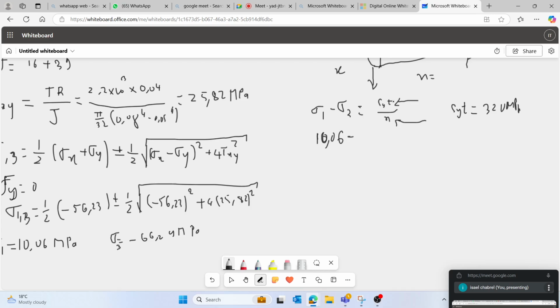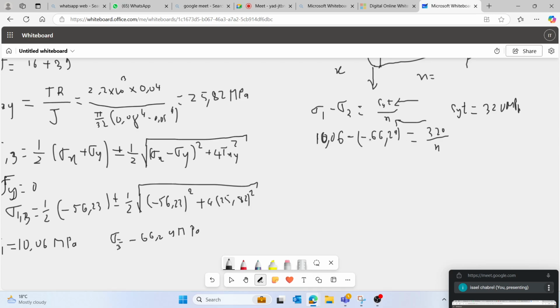Yes, sir. Now we have minus of the formula again, minus 66.29 to be equal to SYT, which is 320, and then you have N here. Don't worry about the conversion here, because you have megapascal, and these will cancel out. So what is N? You can get N, guys.